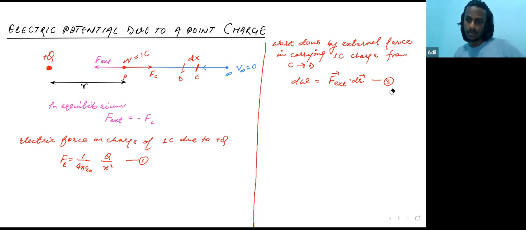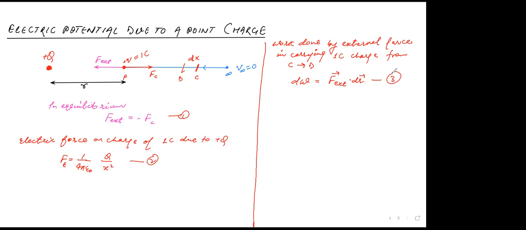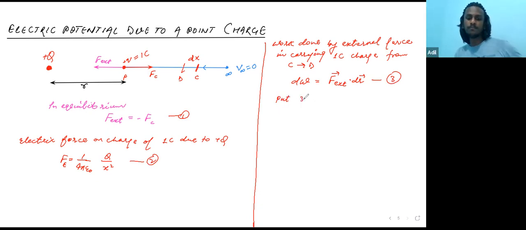Take your equation number 1, this is your 2, and this is your 3. Are you understanding, Nawal, till here? Yes, sir. Okay. Now put your values. Put your equation number 1 in 3. This is your FC or FE. Remember that F electric also behaves like an FC, which is your conservative force.